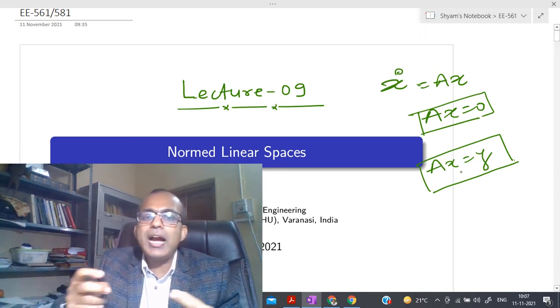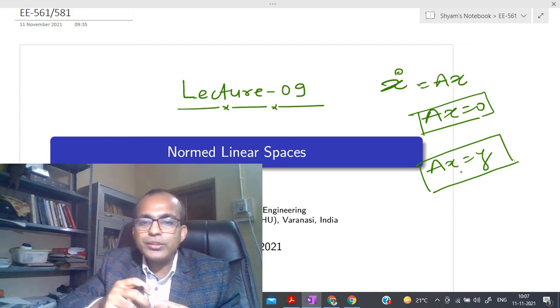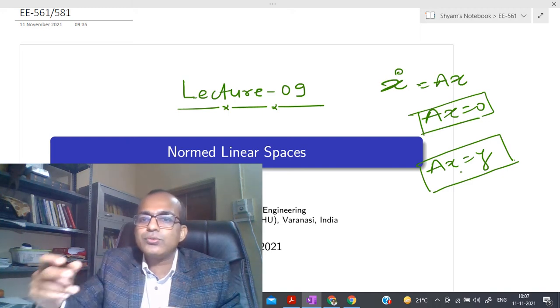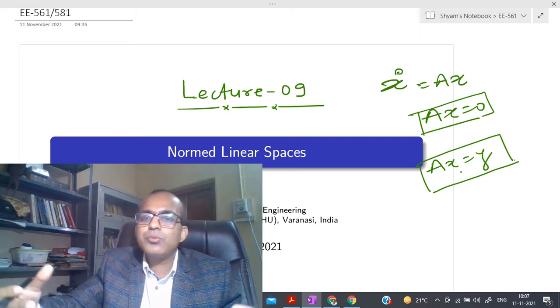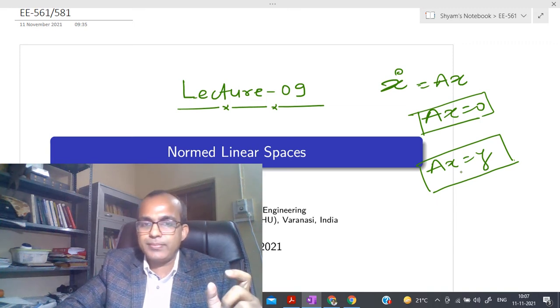Suppose I have two vectors inside some space, or suppose three vectors in place of two, then how do I tell that the first vector is closer to the second vector? That kind of notion is not available in the linear space or vector space.